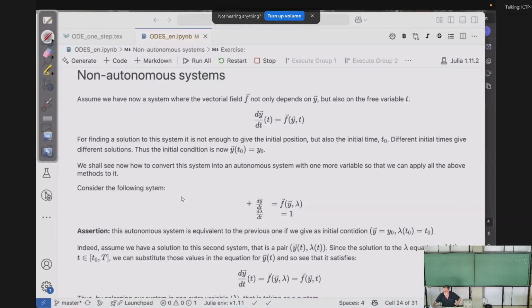And so for this you have to give initial conditions, not only the y vector initially, but also the value for lambda at t0, and we just take t0. And so this way, if you have a non-autonomous system, you can put this in the library and that's it. Or actually in the library they provide for f of y and t.